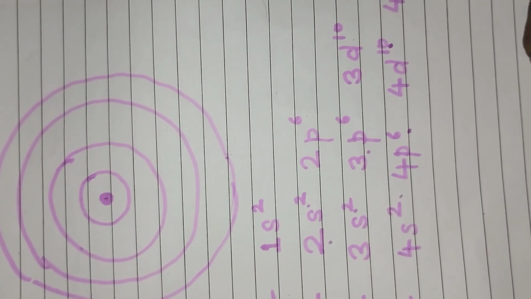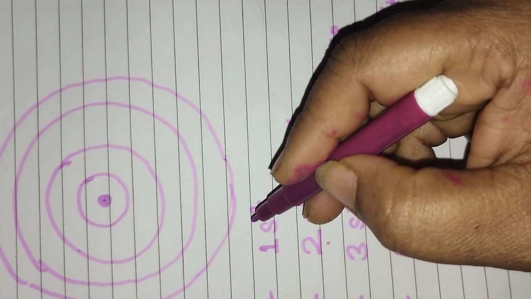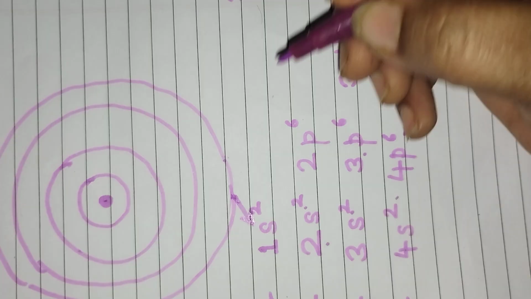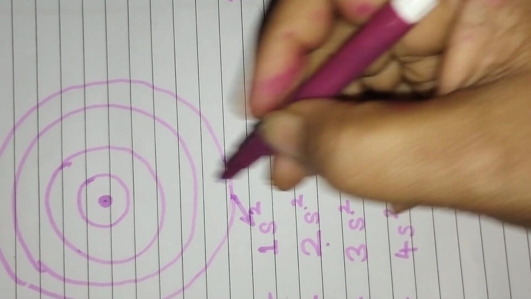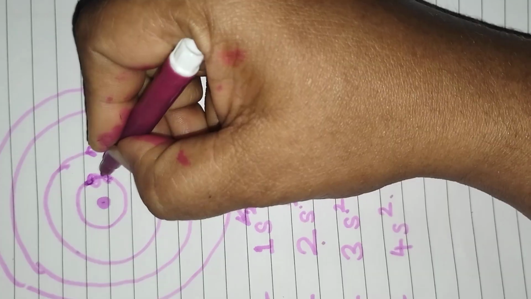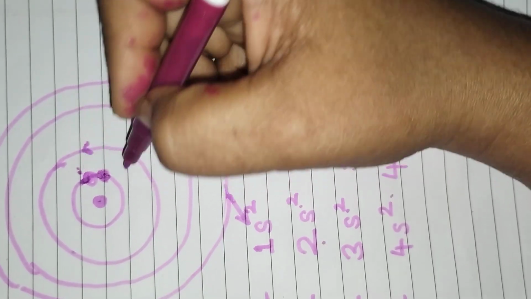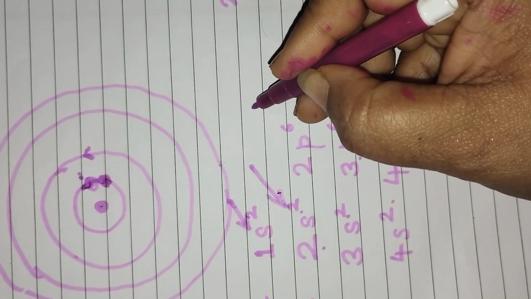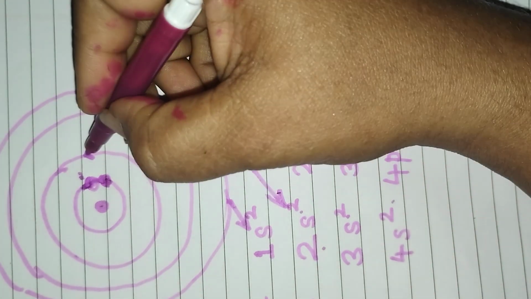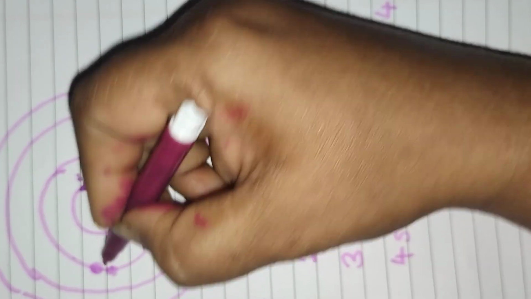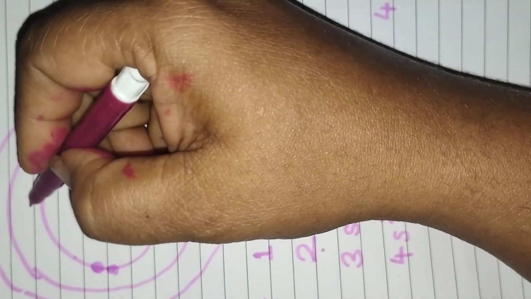Now according to this calcium atom, we will talk about how it is getting filled. First the 1s2 in the K shell gets filled. Let us draw 2 electrons in the K shell. Then comes 2s2 and 2p6. So these 8 electrons are accommodated in the L shell.